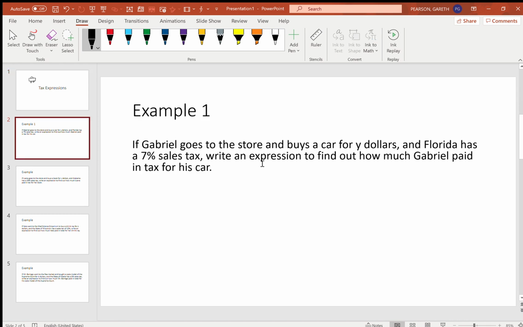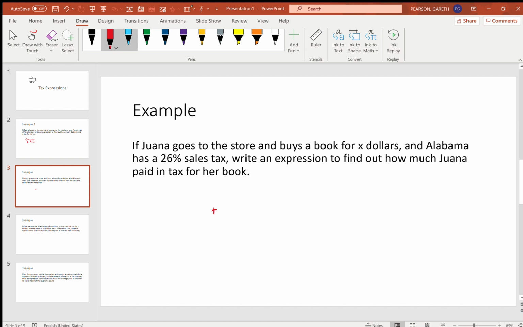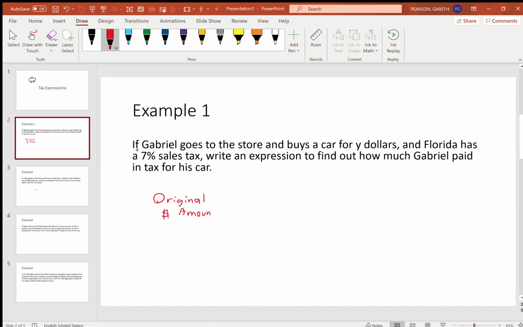Example 1. If Gabriel goes to the store and buys a car for Y dollars, and Florida has a 7% sales tax, write an expression to find out how much Gabriel paid in tax for his car. So once again, the way you would set this up, you would set up your original cash amount.